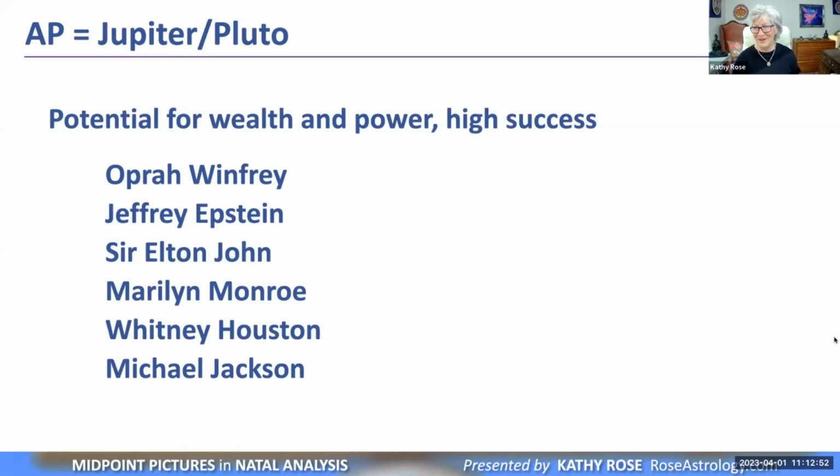So it depends, right? But I have some examples on screen. Probably you've been reading them. Oprah Winfrey started off very poor, born in Mississippi, worth millions, billions, I don't know, but very wealthy, high success. Jeffrey Epstein, Elton John, Marilyn Monroe started off very poor, wound up very wealthy.